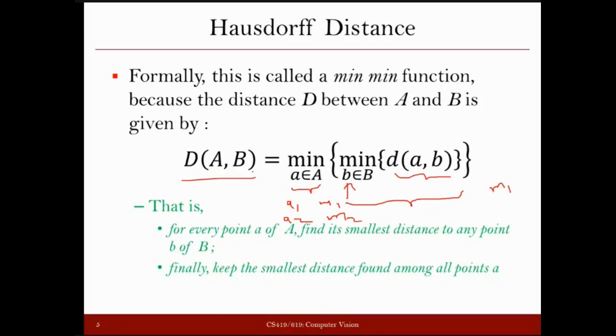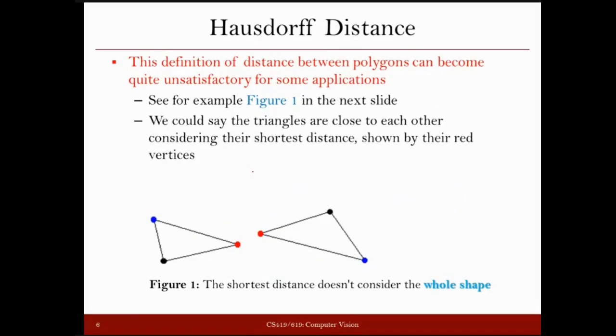and B. Okay. Now, when we define the distance between two shapes like this, there are some issues. For example, let's just compare this shape with this shape. If you just compute the distance using the formula that we defined, you will find that the shortest distance will be defined by the distance between these two points. Let's say this shortest distance here is 10. But now you see that there are so many other pixels.